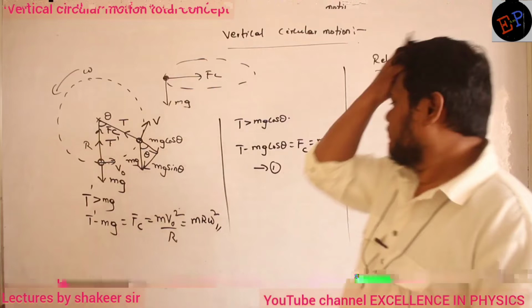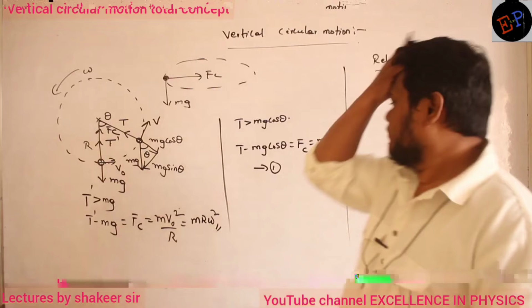Substituting, beta is cos inverse of (2gL minus 5gL) divided by 3gL, which is cos inverse of minus 3gL divided by 3gL, so cos inverse of minus 1. Cos 180 is minus 1, so cos inverse of minus 1 is 180 degrees. So the beta value is 180 degrees.